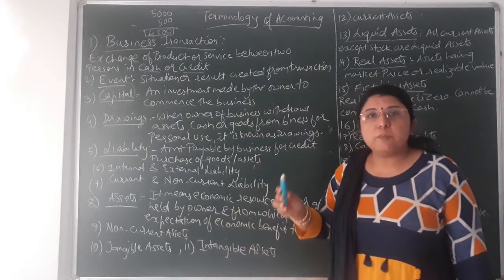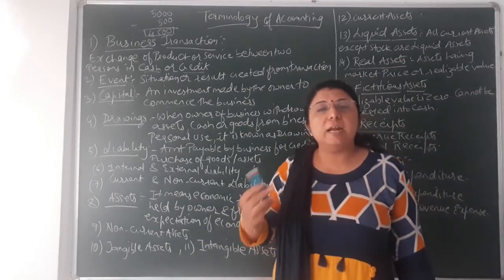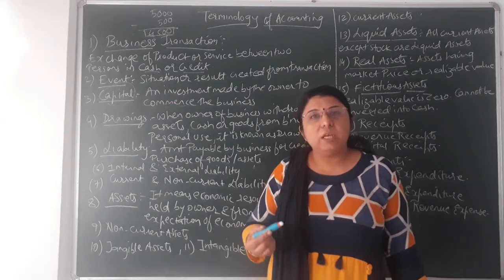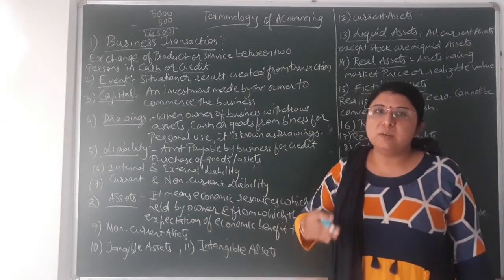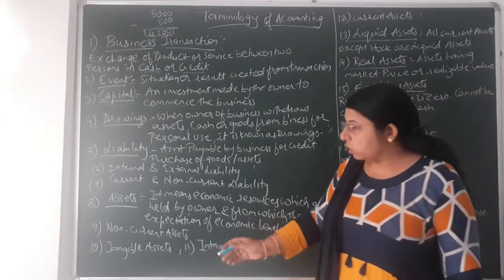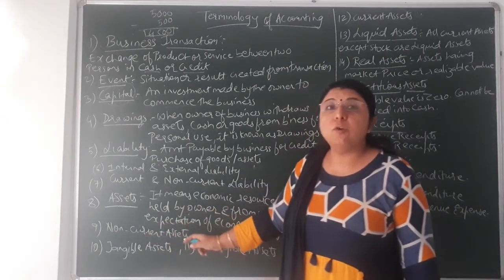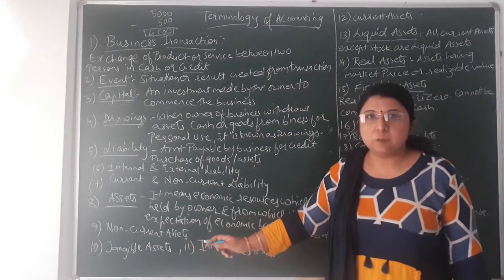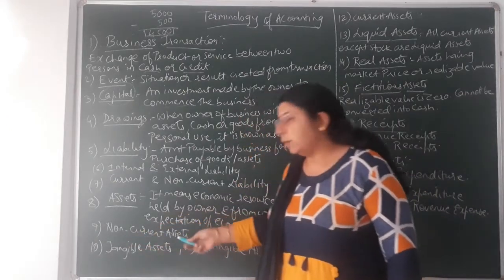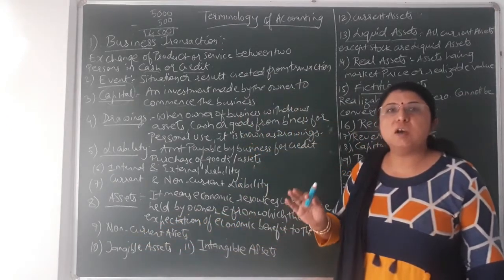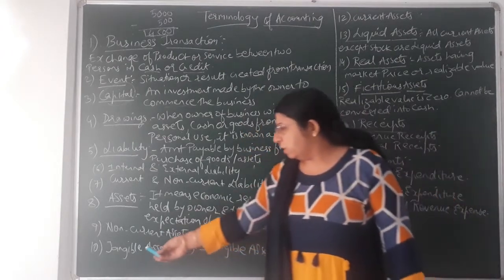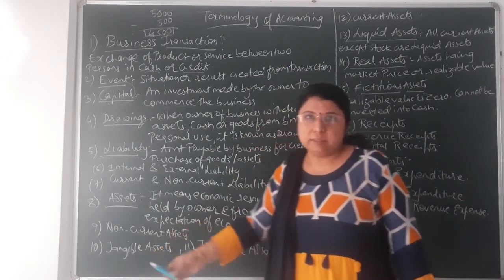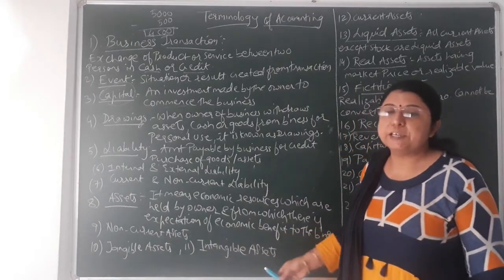Such assets are purchased one at a time, and after 5 to 10 years we need to replace those assets and purchase a new asset in place of the old one. So those assets, in which investment is not made on a regular basis every year, are called non-current assets. It includes the fixed assets. Now in that there are two parts. You can see the first one, that is tangible assets, and the second one, that is intangible assets.